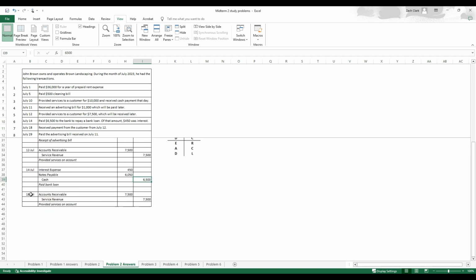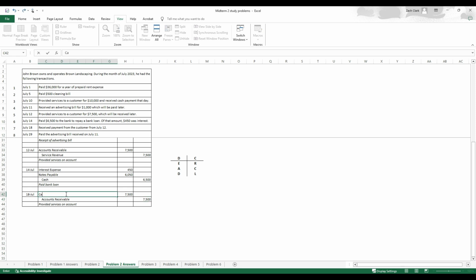Okay, so we're on to the 18th here. So we received payment from the customer. So from this transaction, we were owed the $7,500. So now our accounts receivable is going to be credited. Earlier, we debited that accounts receivable asset to increase it, but now we're going to reduce it because we want that accounts receivable balance to go away because we have now received the amount.